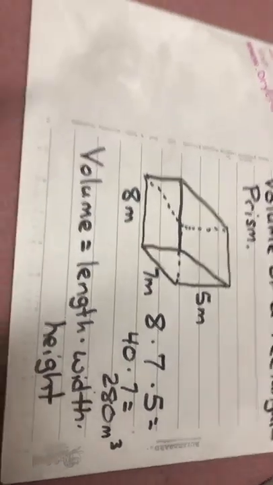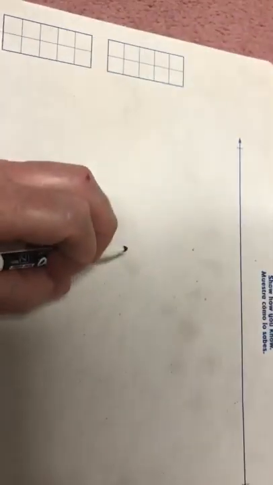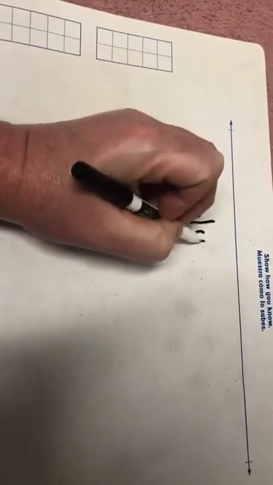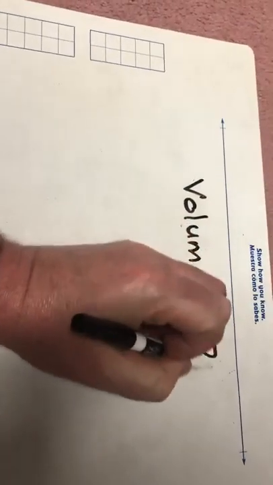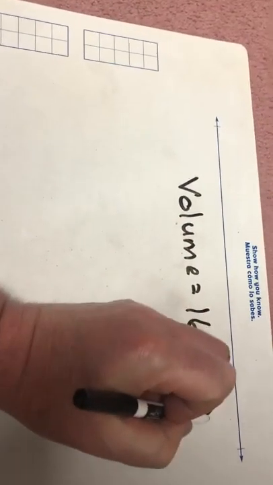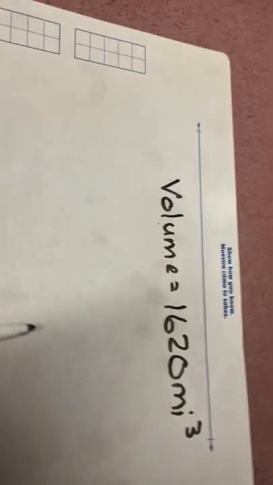Now, the second part of what you're going to be doing today, let me get a different board here, is sometimes they're going to give you the volume already. For example, they might say the volume is 1,620 cubic miles.